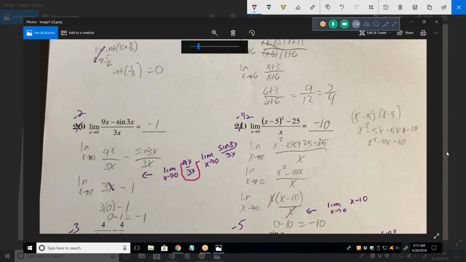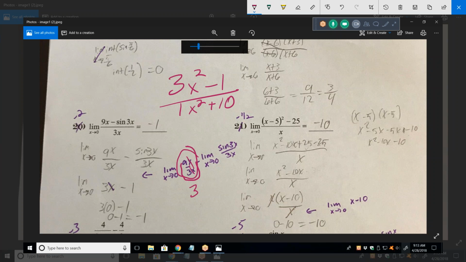9x over 3x? It ends up being 0 over 0. No, not really. If you reduce it, cancel where you can. So it ends up being 3. I tend to think of this as how you figure out where the horizontal asymptote is. If I had 3x squared minus 1 divided by 1x squared plus 10, where's the horizontal asymptote?